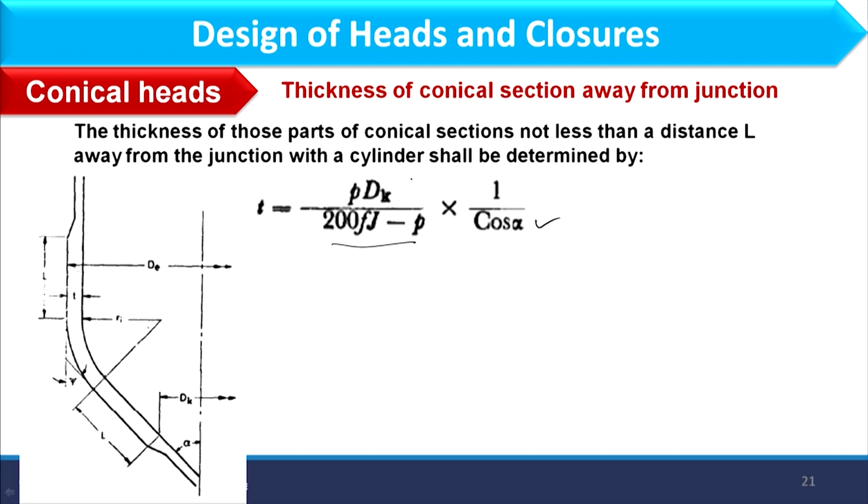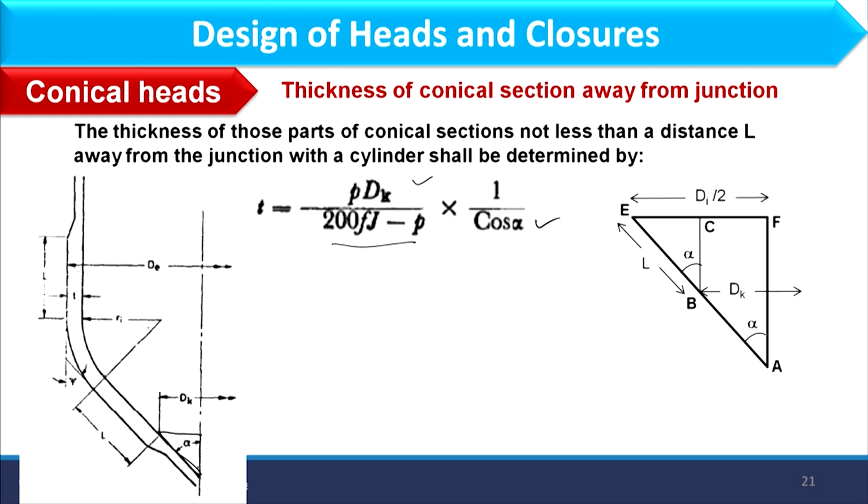So if you see this expression, what is dk? Dk you can see from this diagram: where I am finding out the thickness, the inner diameter of that part will be called dk. Okay. So if you consider this particular section, we can use it to find out the value of dk, as shown in this diagram more clearly.